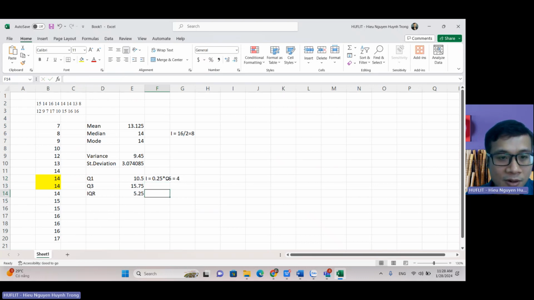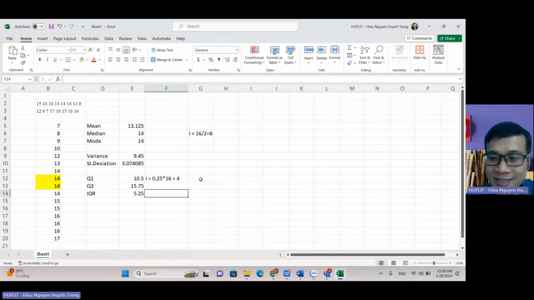Which means the quartile 1 will be the average between position 4 and position 5. Now I will start counting: 1, 2, 3, 4, 5. The average value between 10 and 12 will be 11, right? So if we work it out by hand, that will be 11.